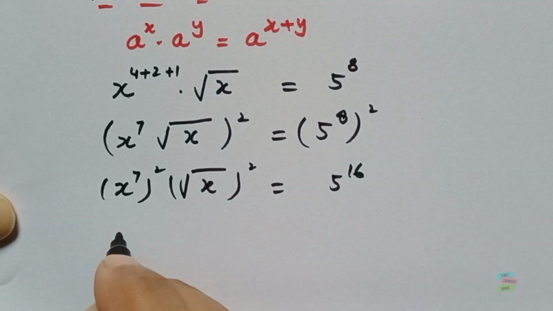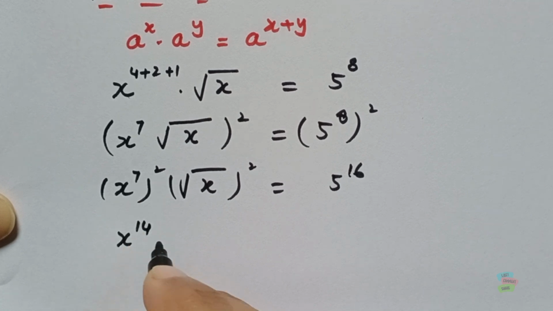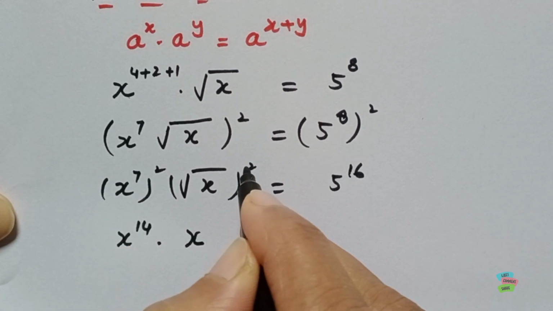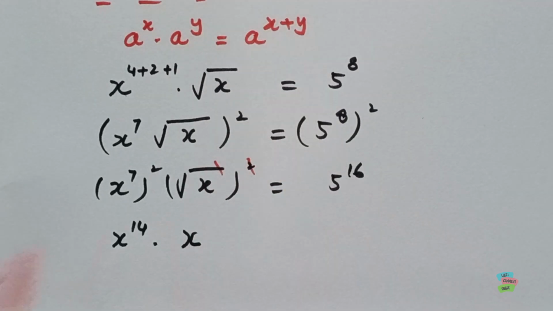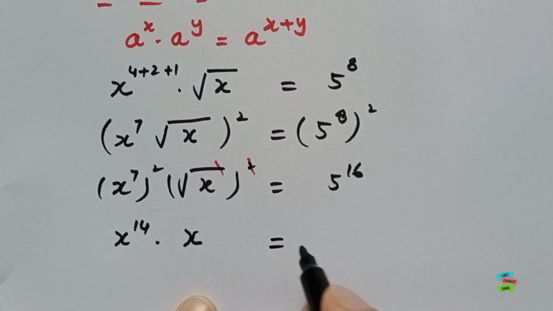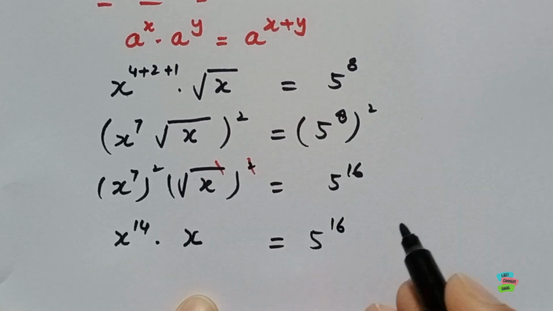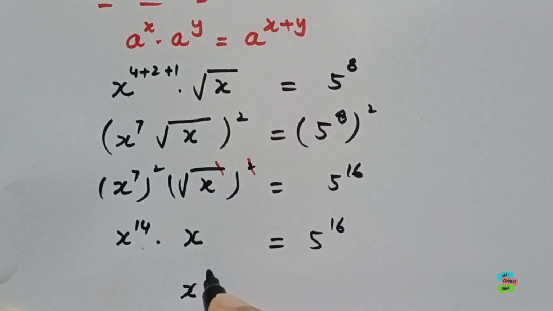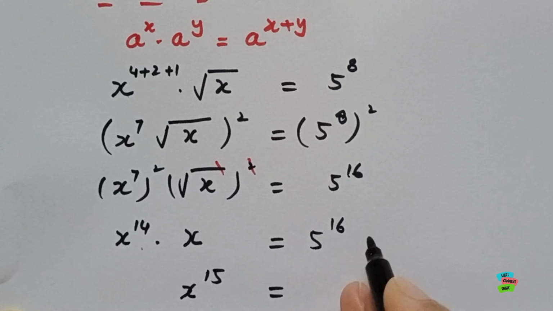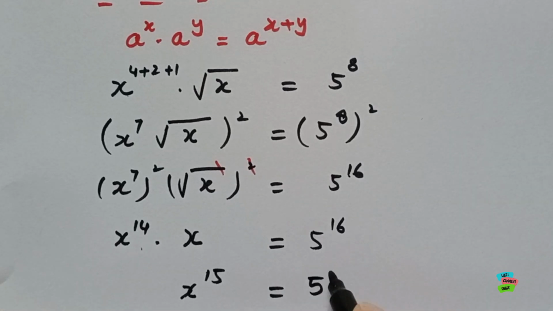So here 7 times 2 is equal to 14, and here we will get x because the 2 will cancel out with the square root. So we get x only, that is equal to 5 to the power 16. So from here we can write x to the power 15 is equal to 5 to the power 16.